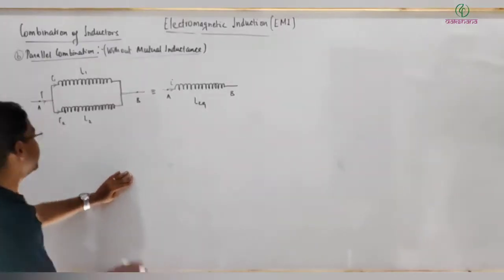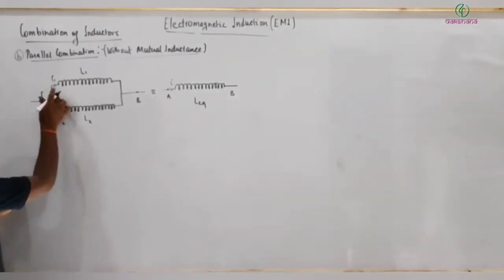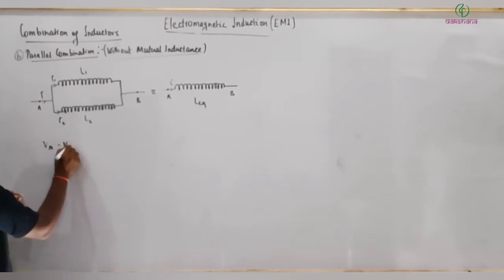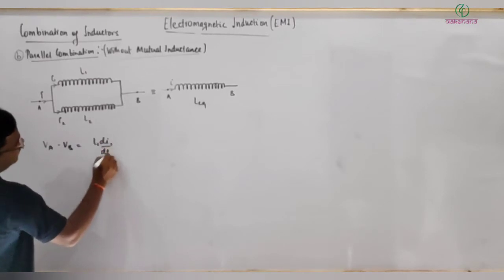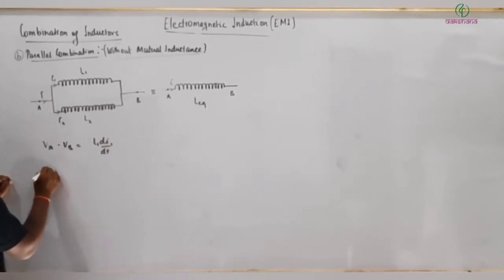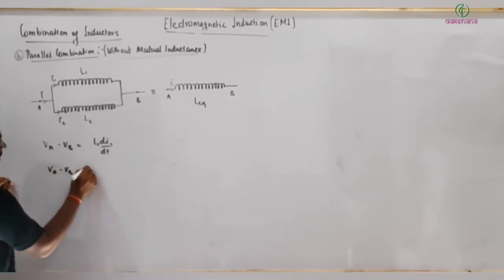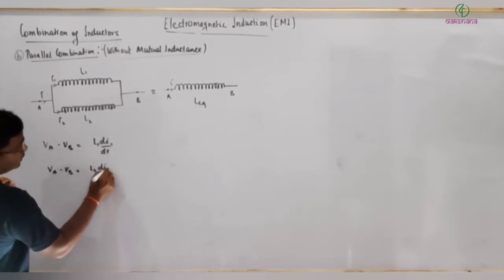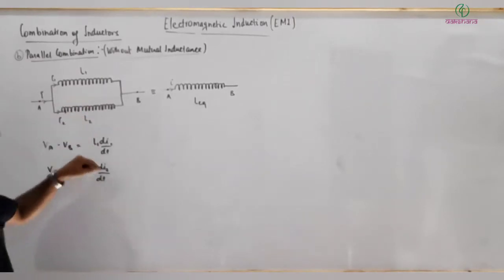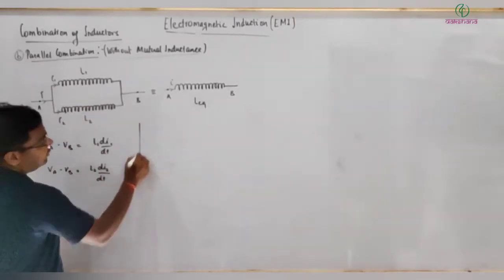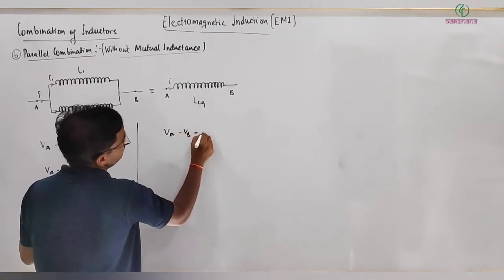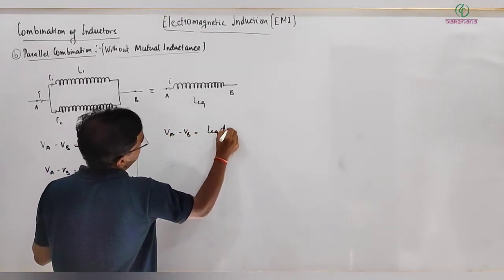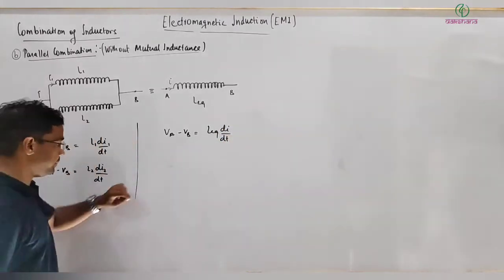Okay, so here I can easily write VA minus VB is equal to L1 into di1 by dt, and VA minus VB is also equal to L2 into di2 by dt. Clear? Because in parallel combination the potential difference remains the same. Similarly for the equivalent circuit, VA minus VB should be equal to L equivalent into net di by dt.